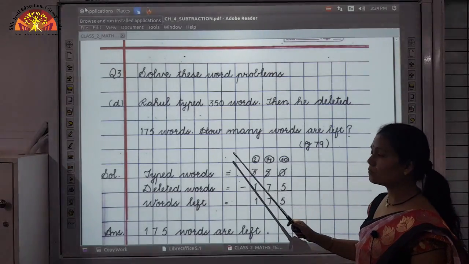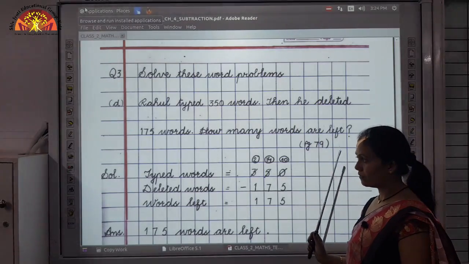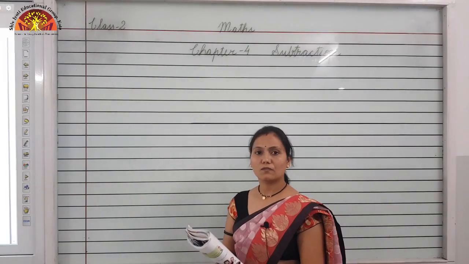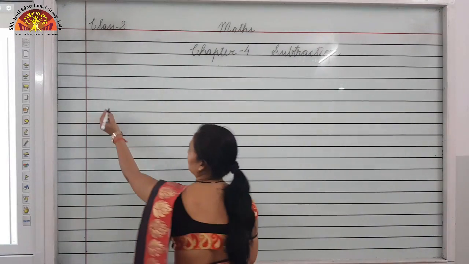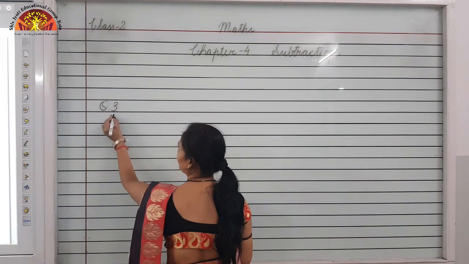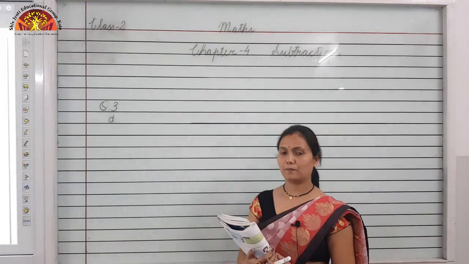So we have to calculate how many words are left. We will do this on board. We will do question number 3. D. Children, these questions are given in your book, page number 79.